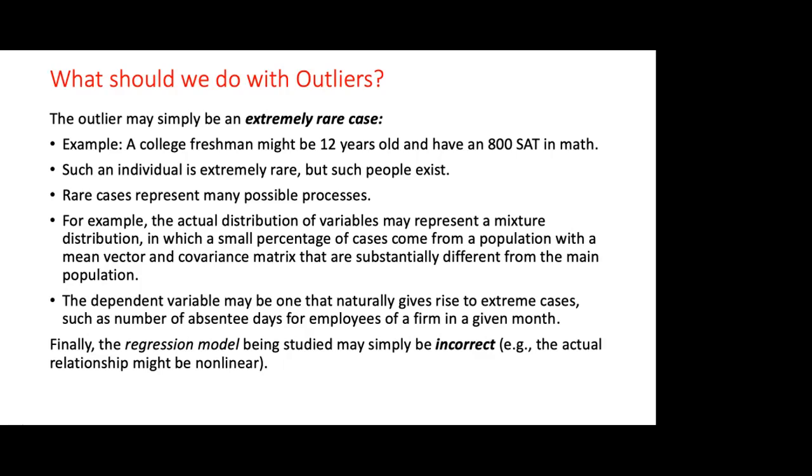It's also possible that your regression model is simply incorrect. For example, your actual relationship might not be linear, might be non-linear. These are all reasons why you get observations that do not fit your model very well, right? Your task is to find out what's going on.